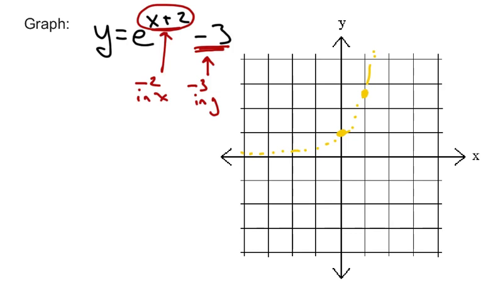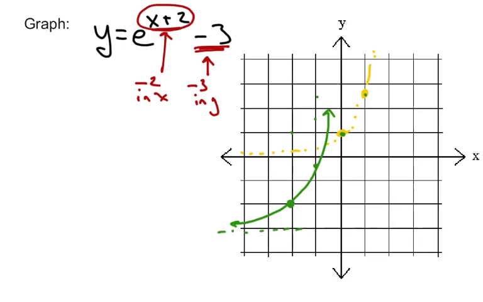So take our y-intercept right here and shift it 2 units to the left and 3 units down. This point over here gets shifted 2 units to the left and 1, 2, 3 units down. And that will give us a nice shape of what this graph will look like.